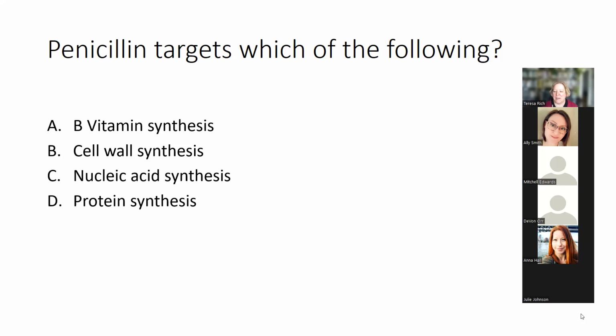Let's go ahead and, oh, there we go, 100%. Yay! Far and away the favorite answer was cell wall synthesis. Good job. That is the correct answer. True, if the cell pops, then it's not going to be making any protein, but that's kind of an indirect consequence. Okay. So good job.